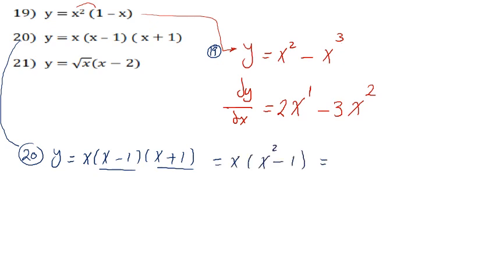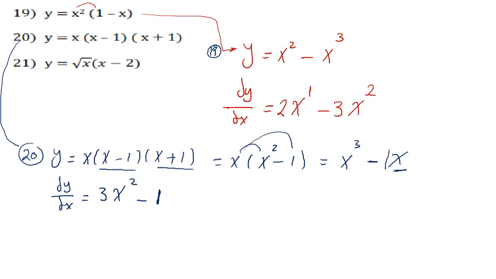So it can be written as x to the power 3 after expanding the bracket, minus x. So dy by dx is equal to 3, I put down the exponent, taking from the exponent 1, minus the derivative of x, which is the coefficient, and the coefficient in this case is 1.